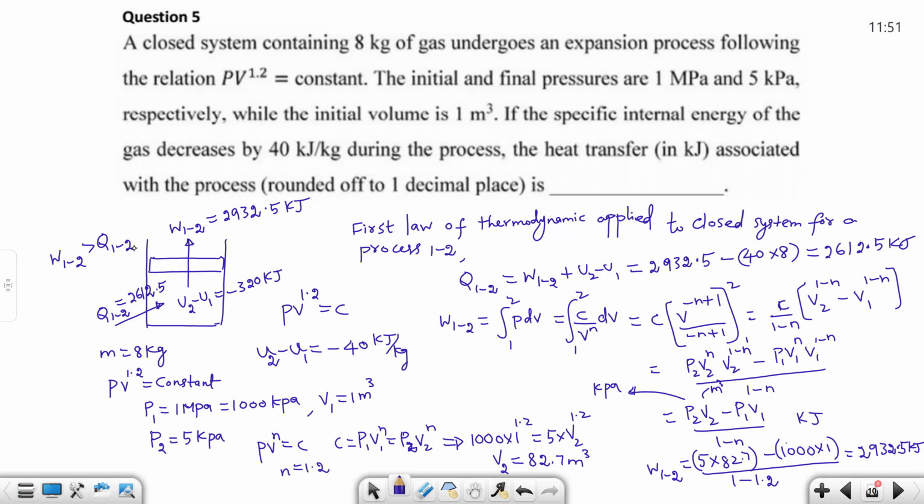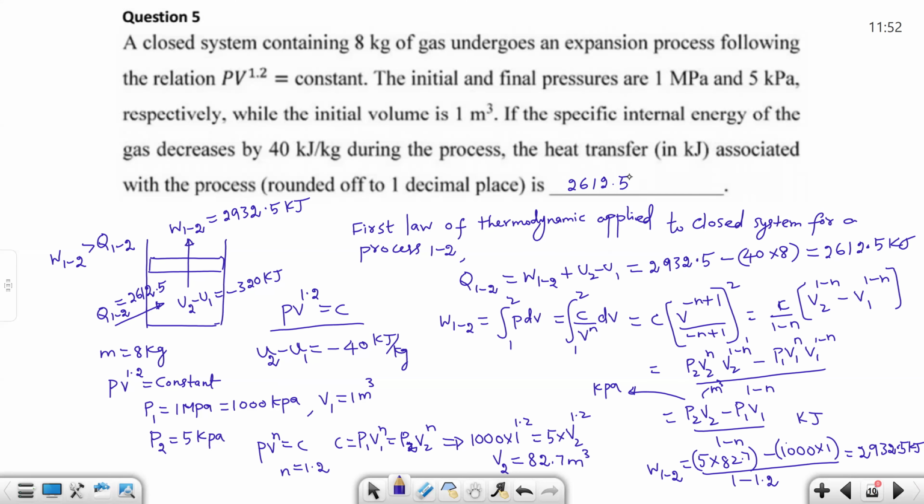That is why the work output will be more than the heat supplied for this polytropic process. So the temperature reduces. So now the answer, what is asked is only the heat transfer. So that is 2612.5 kilojoule.